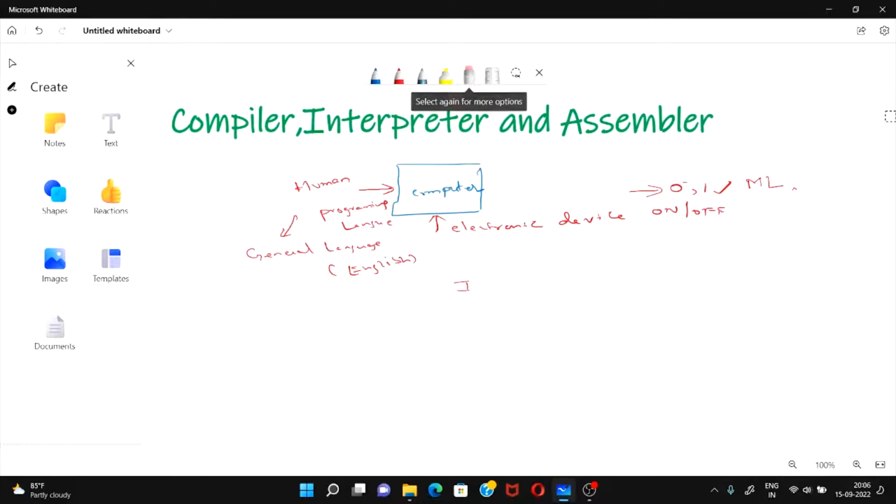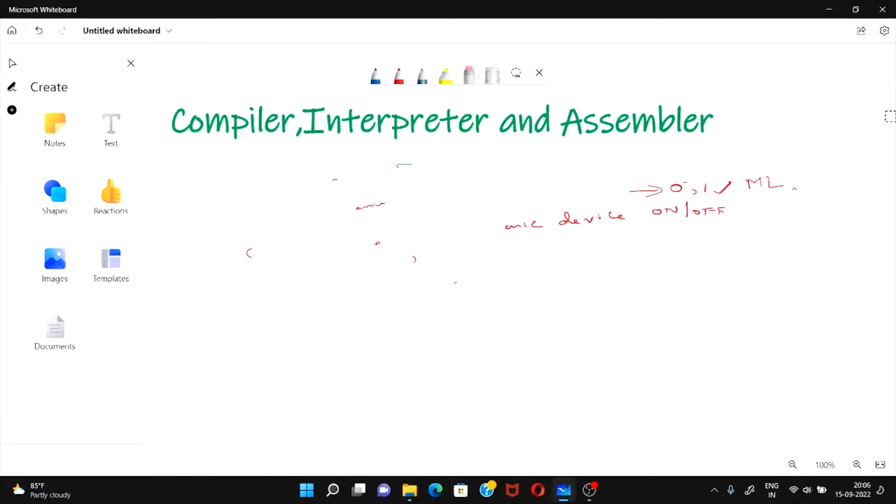So I hope you understand why we need language processors, because we need to convert human understandable language to machine understandable language. So depending on the language and the way we are going to convert into another, we can take three different types of translators.